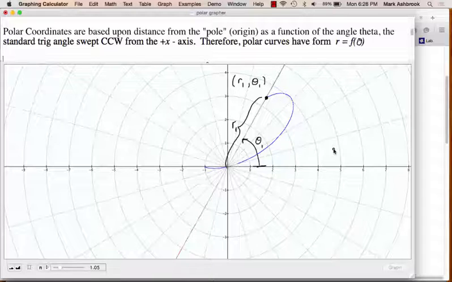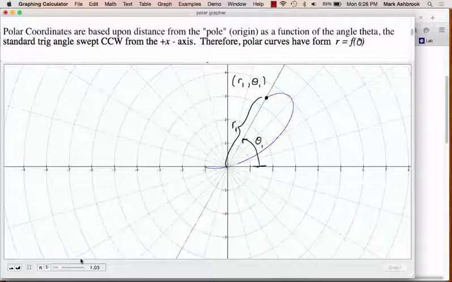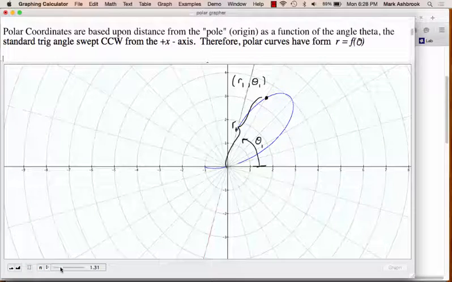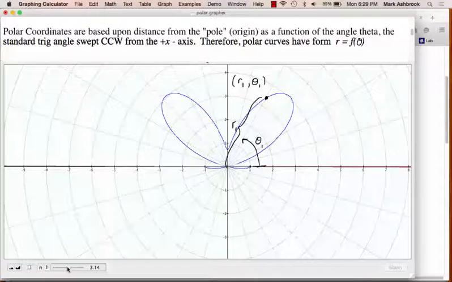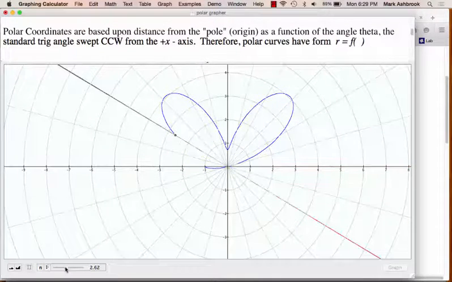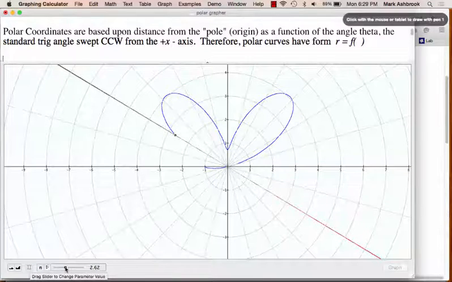And so if you have a function like this one, as theta increases, it sweeps out points. So here's another one, let's practice.